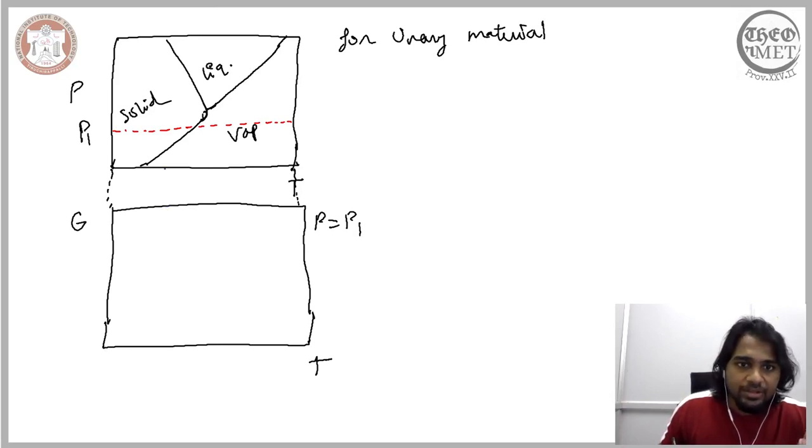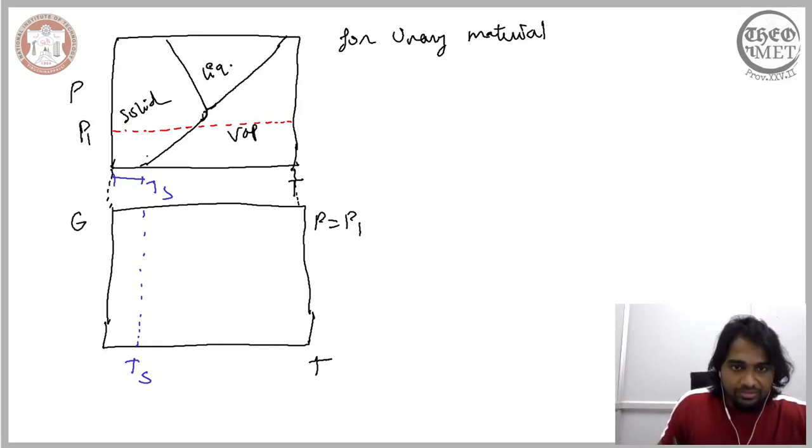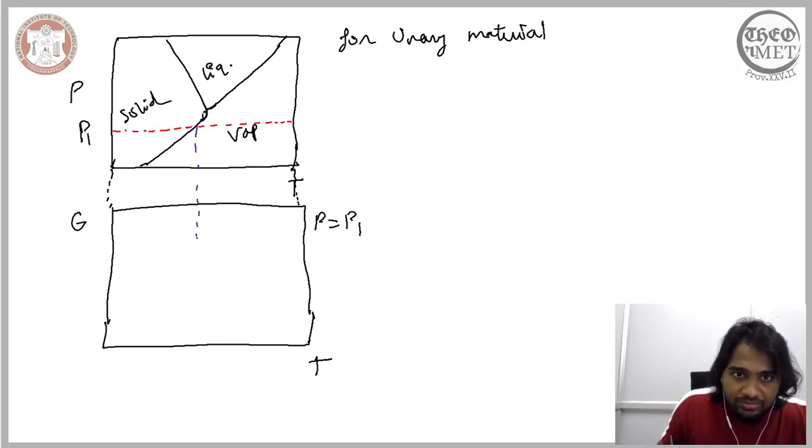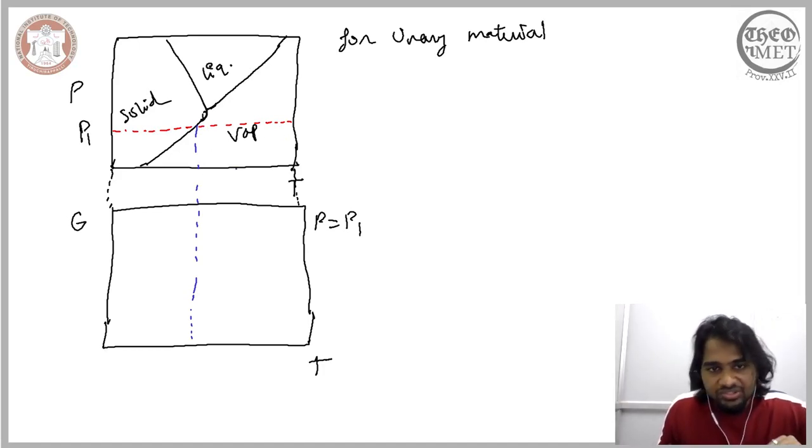Now initially, for this temperature range here, that is till Ts, it is the solid phase that is stable. So, since we are considering the pressure P1, it is till this temperature that the solid phase is stable, and beyond this particular temperature, the solid directly changes to vapor.